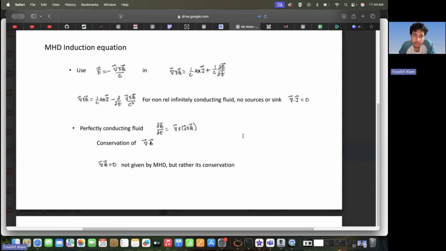The induction equation for a non-relativistic infinitely conducting fluid, no source or sink, so del dot J is 0. For a conducting fluid, del B by del t is curl of v cross B.